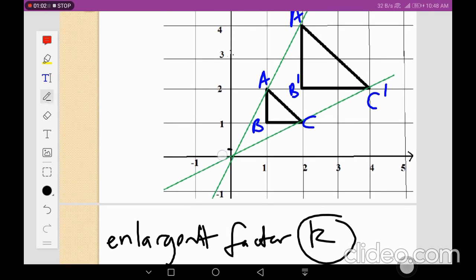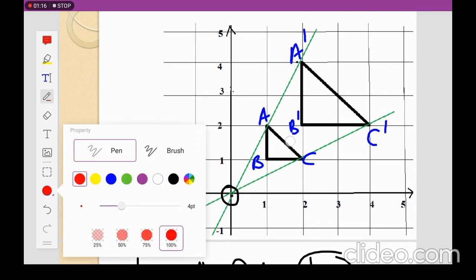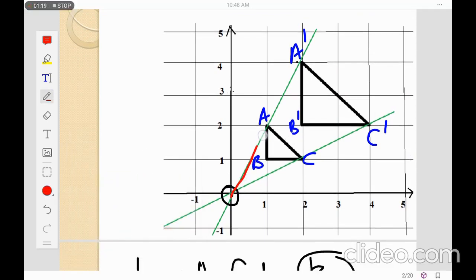This is my origin O. I'm going to take the distance from O to A image, then divide it by the initial distance OA. Or else you can take the distance from OC dash to O over OC there.